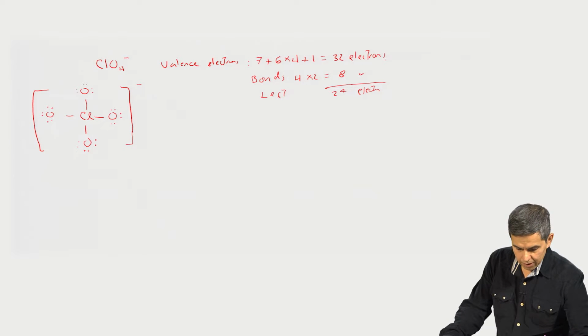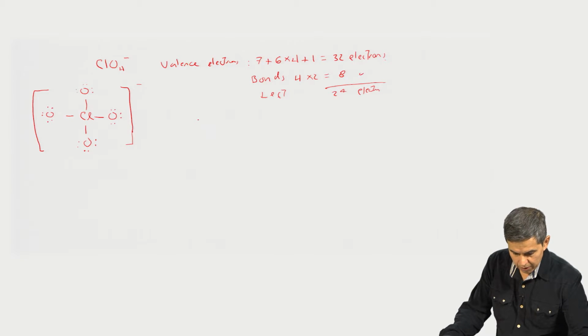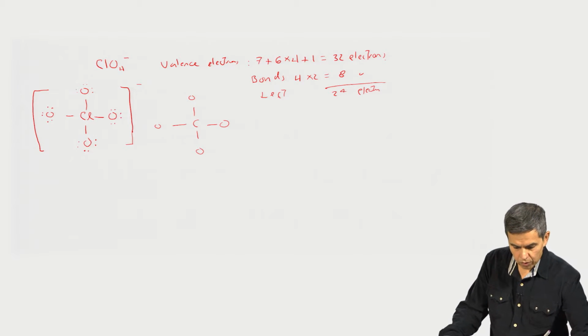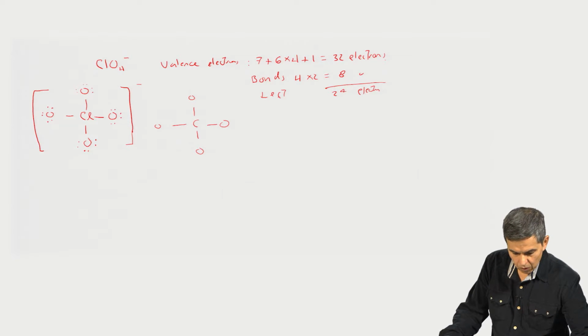Another way to do that is, let's repeat this basic skeleton, to have 2 electrons from one of the oxygens being shared with the chlorine atom. The other ones remain the same.